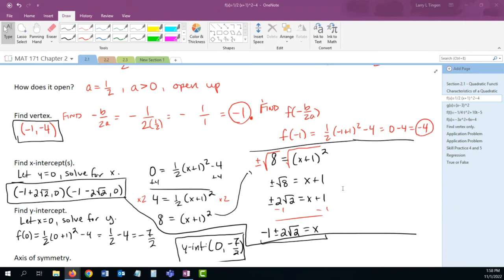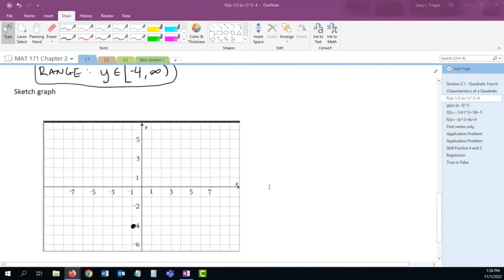So those are my two x coordinates. Let's find those. 1.828 is somewhere around here, and -3.828 is about here.